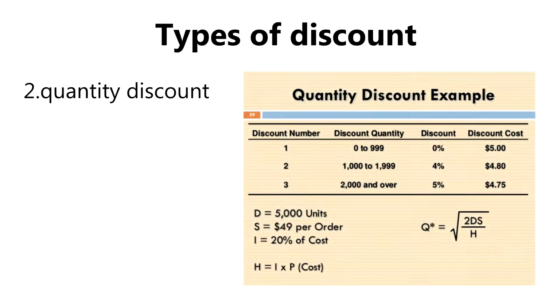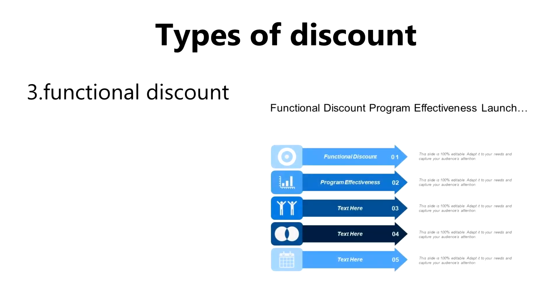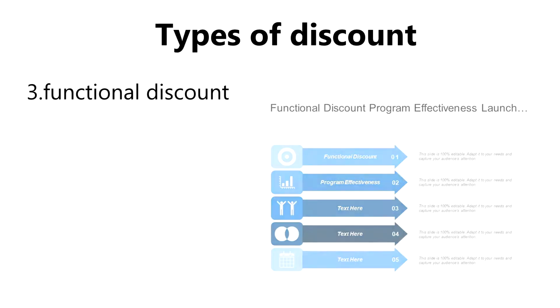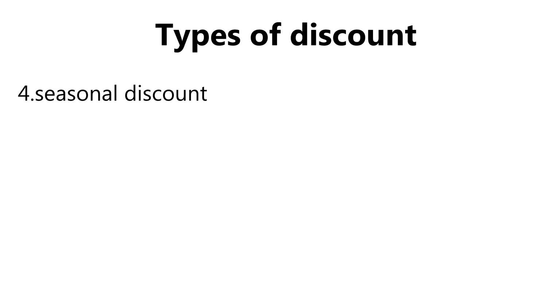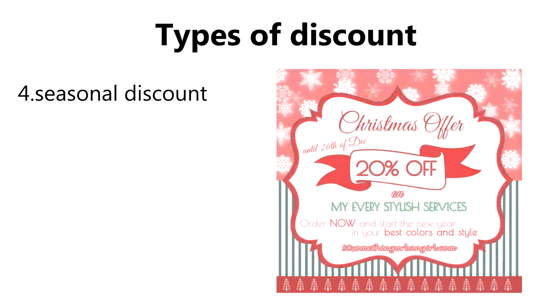Quantity discount, or a price reduction to buyers who buy a lot. 3. Functional discount, or a trade discount, or a discount to trade distributors who perform some functions such as selling, storing, and record keeping. 4. Seasonal discount, or a price reduction to buyers who buy items out of season.